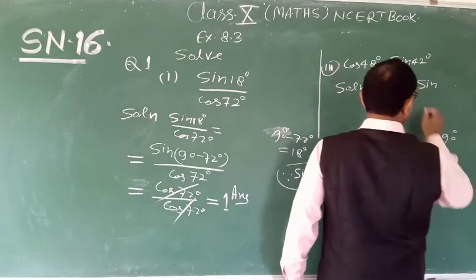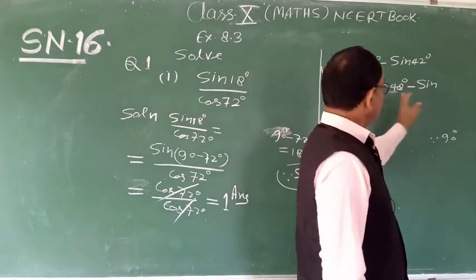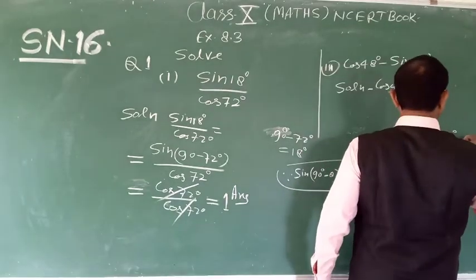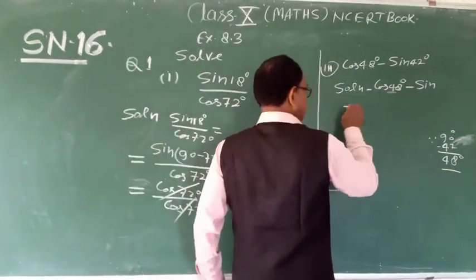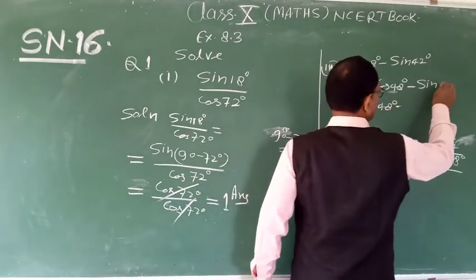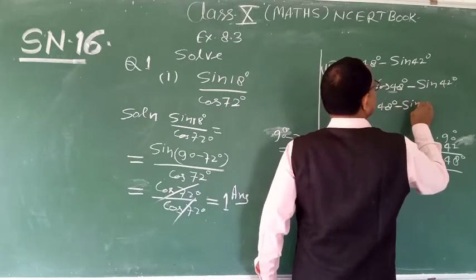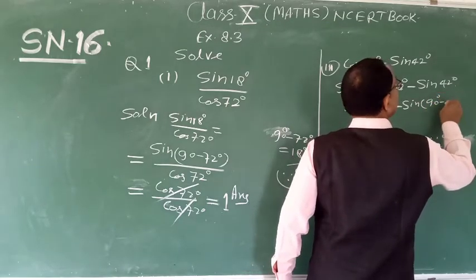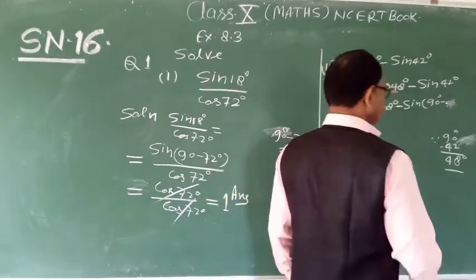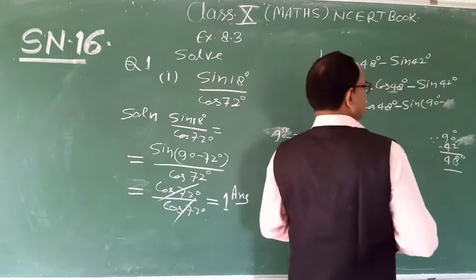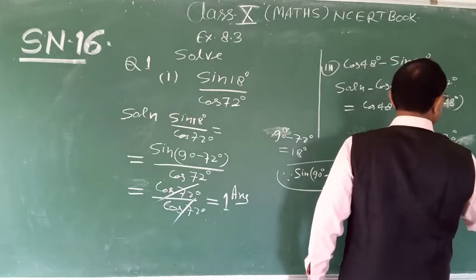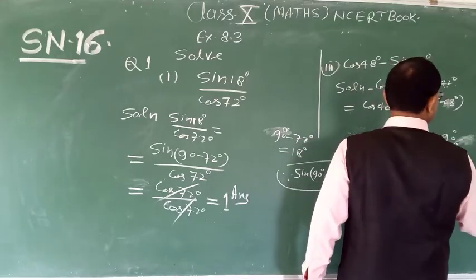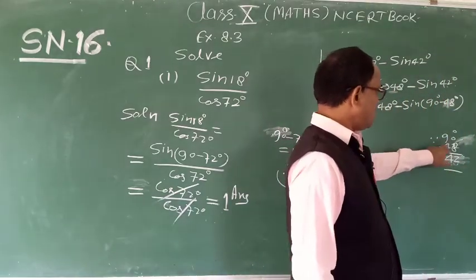Since 90 degree minus 42 degree gives 48 degree, we can write sin 42 degree as sin of 90 degree minus 48 degree, then we get 42 degree. On this place we can write 90 minus 48 degree.